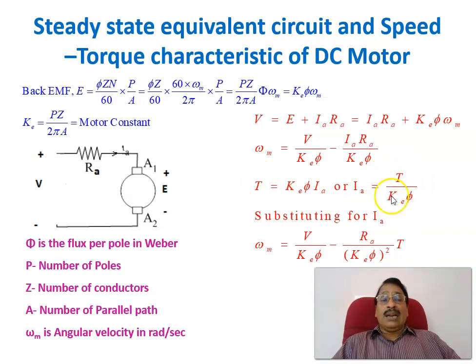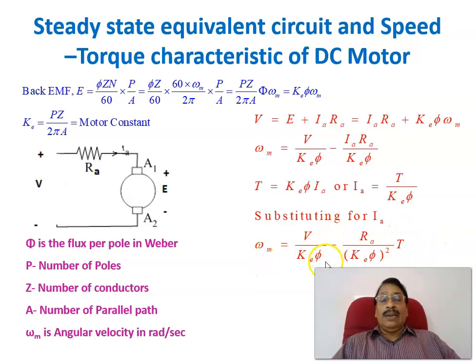Substituting this armature current into the basic equation, you get omega M equal to V by Ke into phi, minus Ra into T divided by Ke into phi whole square. Therefore, this is the relation between the speed omega M and the torque.